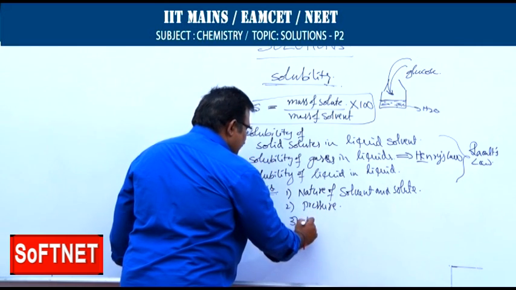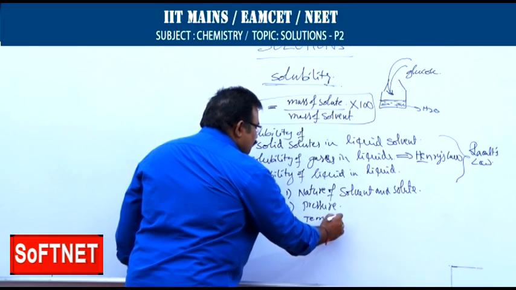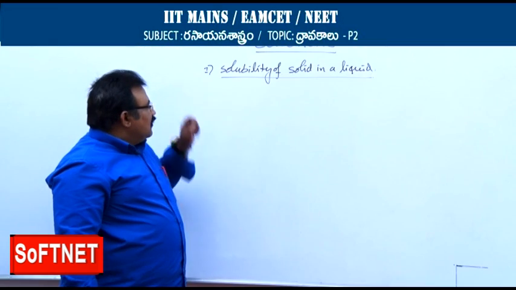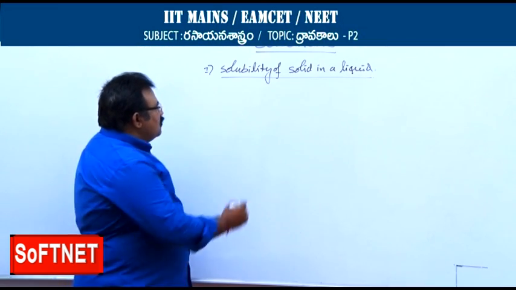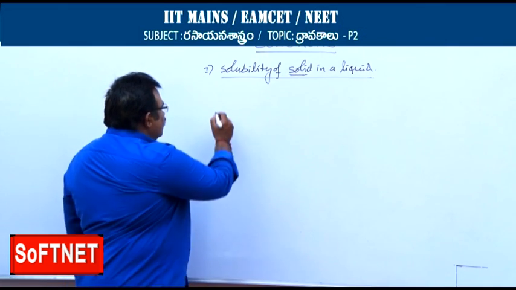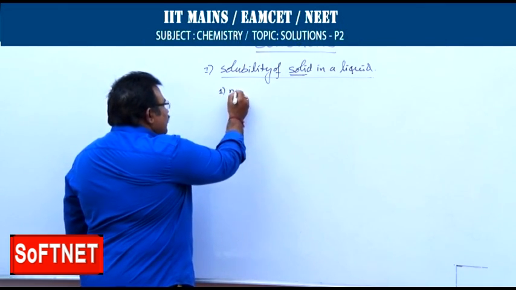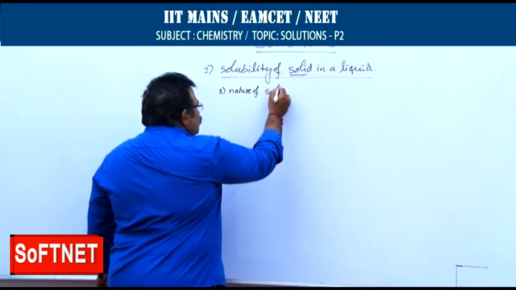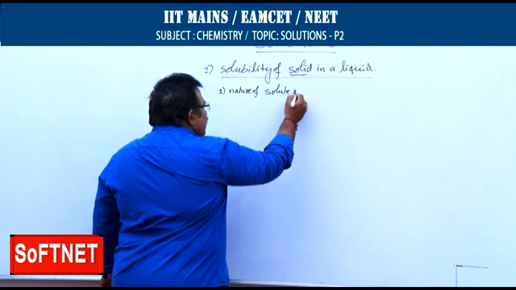Number 3, temperature. The factors that affect the solubility of a solid in a liquid are nature of solute and solvent.